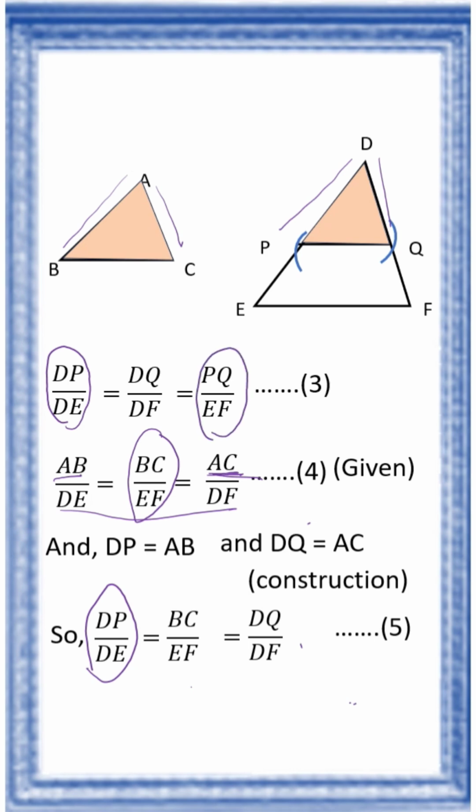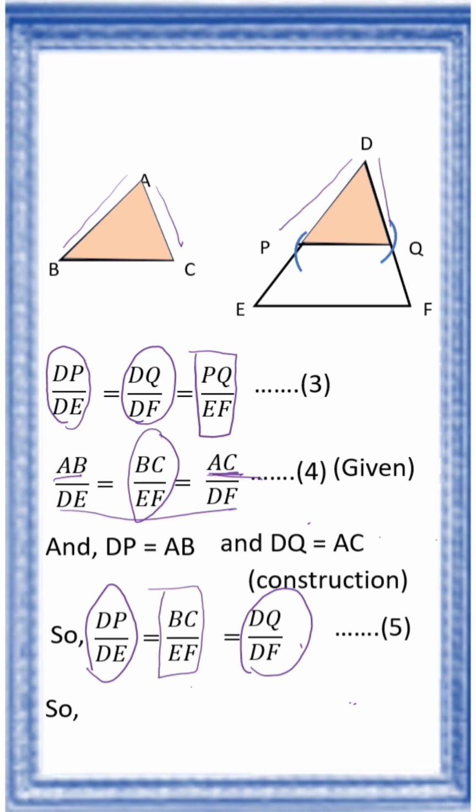Not this one, sorry, not this one. This and dQ by dF equal. Then this one I am putting rectangle here, and this one must be equal, isn't it? So BC by EF is equal to PQ by EF.